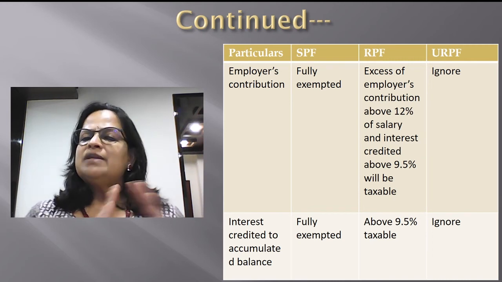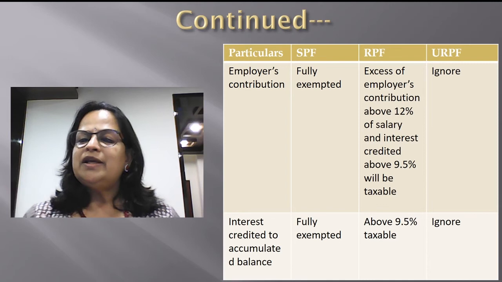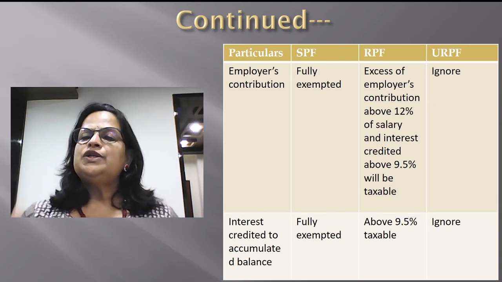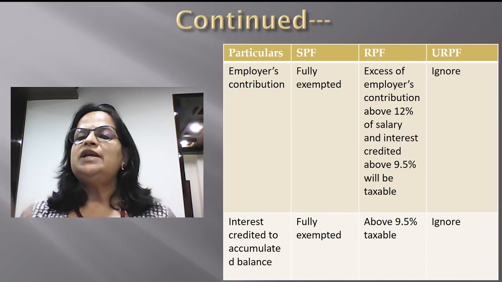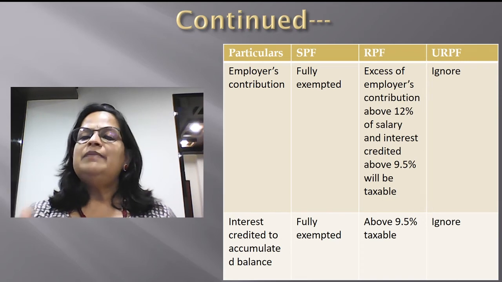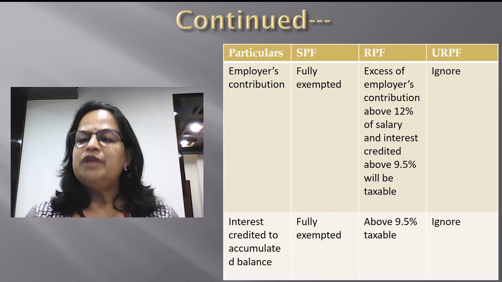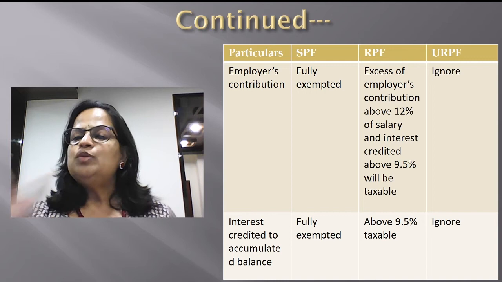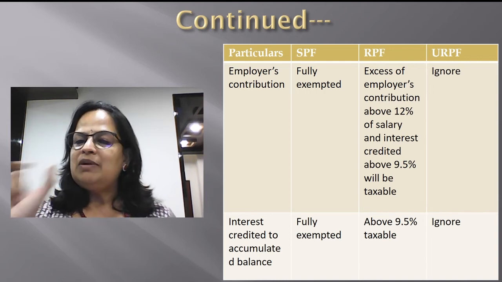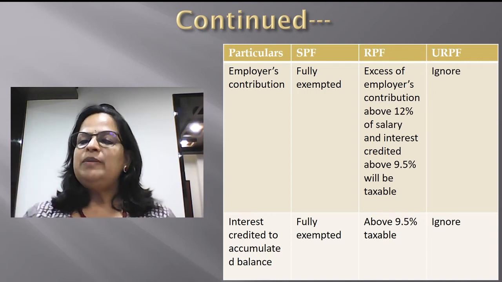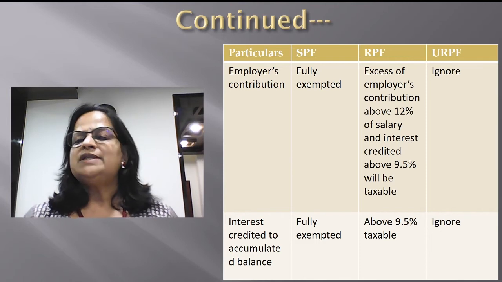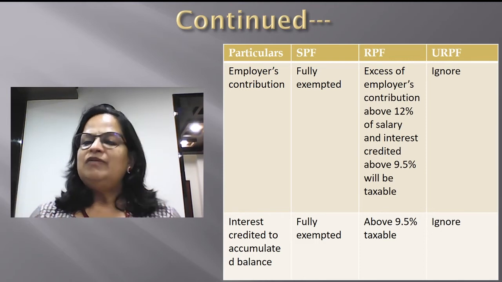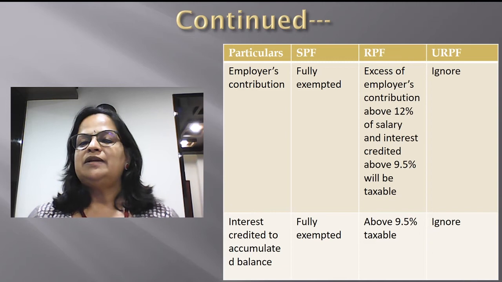Without any limit, it's completely exempted. Whereas for recognized provident fund, if the employer is contributing more than 12%, it will be taxable. Imagine the employer is contributing 14% of the employee's salary. So 2% will be taxable. We will calculate that extra 2% and it will be added to the employee's salary computation. When we do the problem, I will explain that.